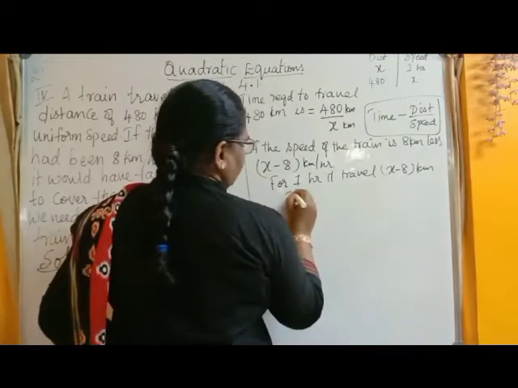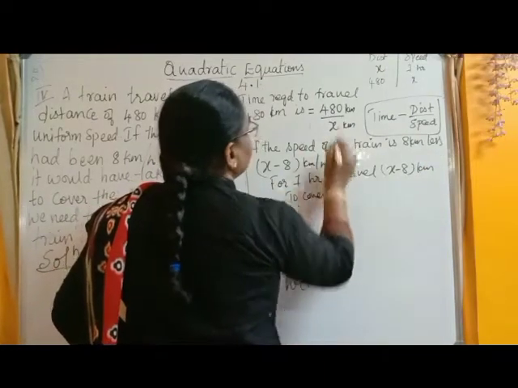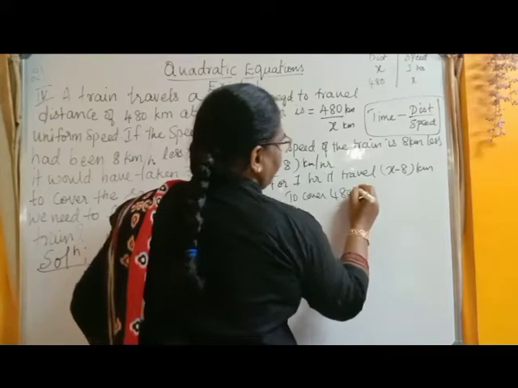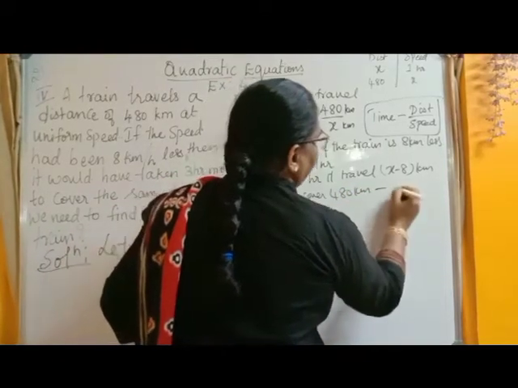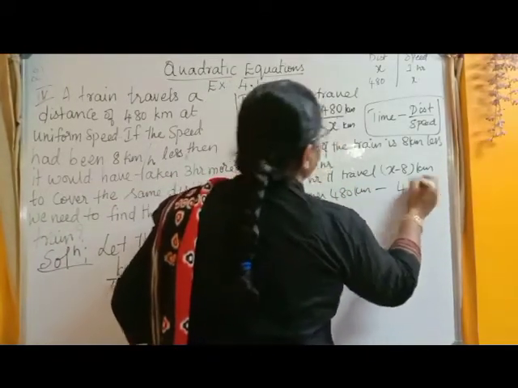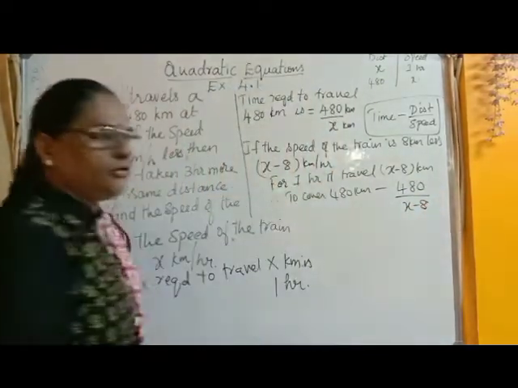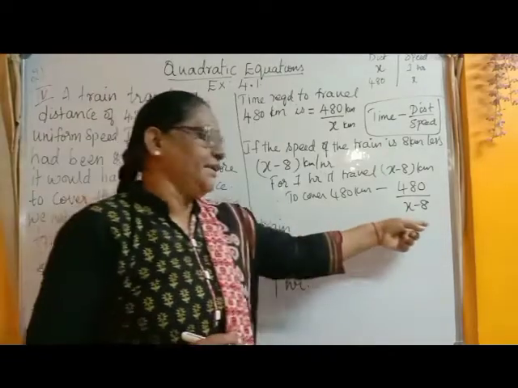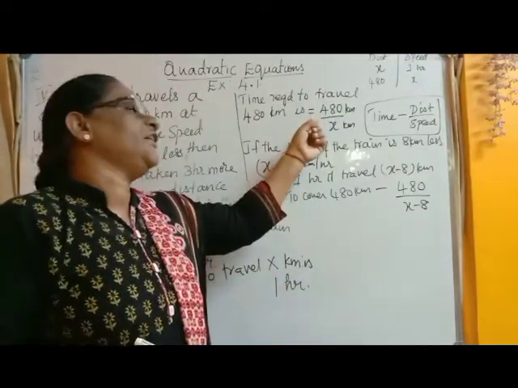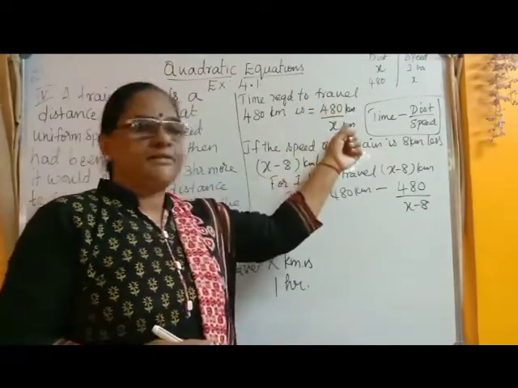Therefore, to cover this distance of 480 kilometer, the time taken would be the same thing as before: total distance divided by speed.